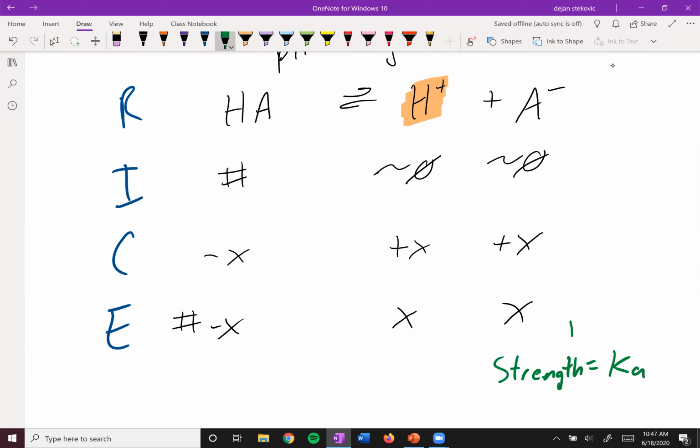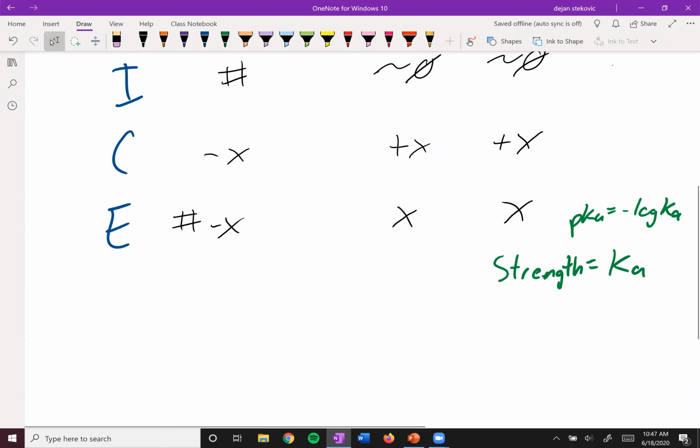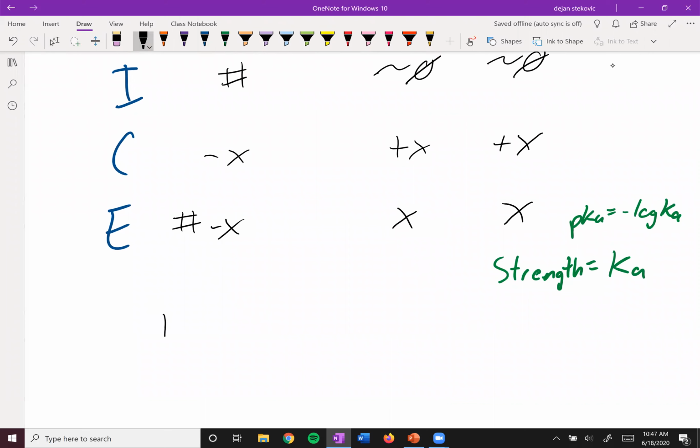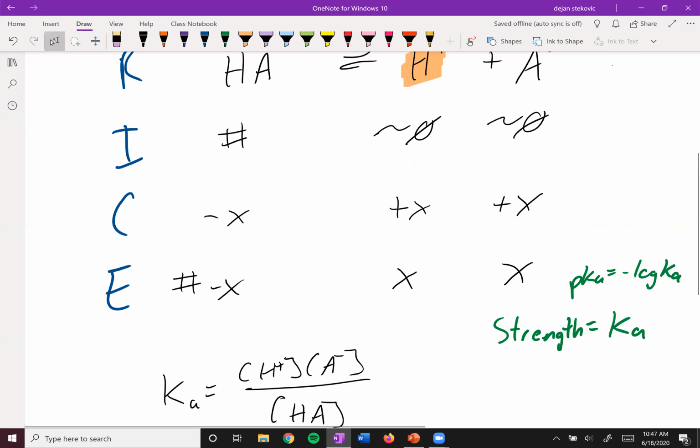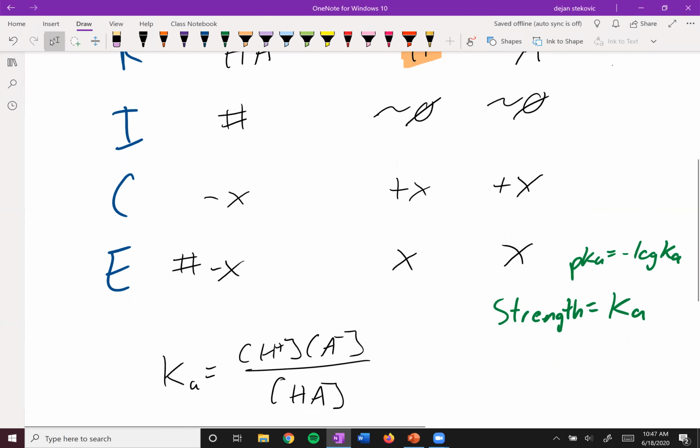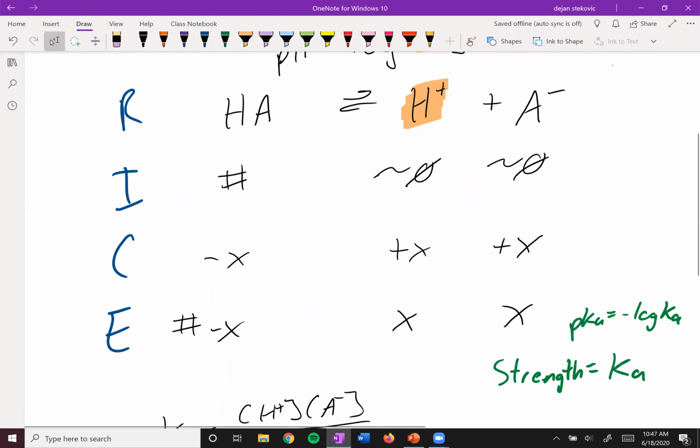Remember that the pKa is equal to the negative log of the Ka, so you should be able to interchange between the two. And so then after that, you would write Ka is equal to H plus times the conjugate base over HA, and then plug in some numbers, do some math, depending on what the problem is exactly asking you for.